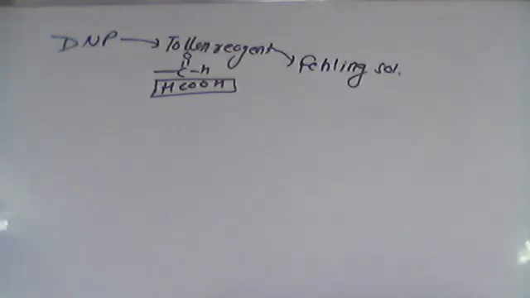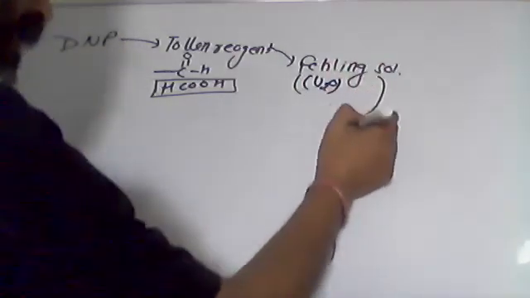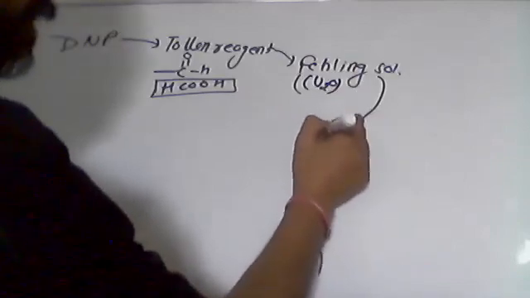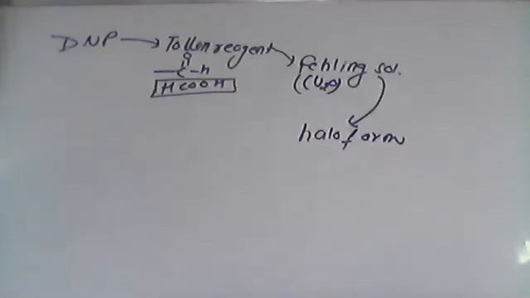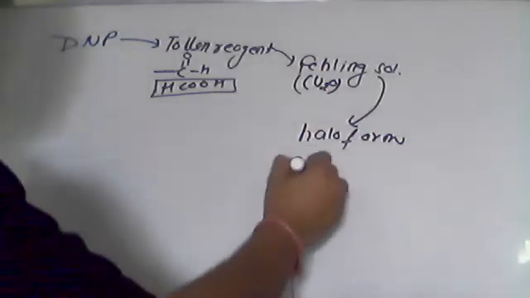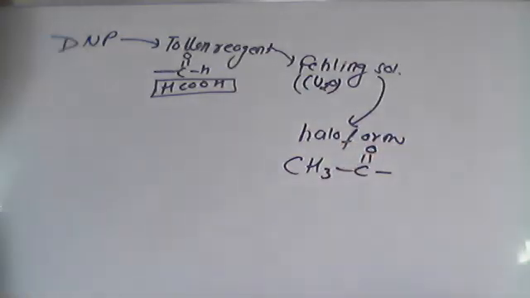And very important, Fehling solution will not react with benzaldehyde. After this, we have done the haloform reaction, the iodoform test. Necessary condition: CH3 C double bond O, CH3 C double bond O should be present for it to take place.